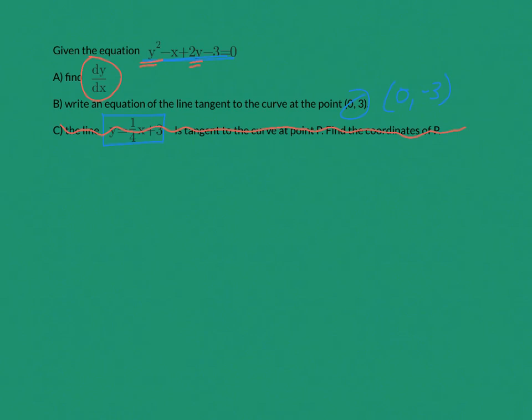So the derivative of y squared is 2y, but then we need that dy/dx. Minus the derivative of x is 1. The derivative of 2y is 2, but then we need that dy/dx. And the derivative of 3 is 0, and the derivative of 0 is 0. So we can just finish that off with equals 0.